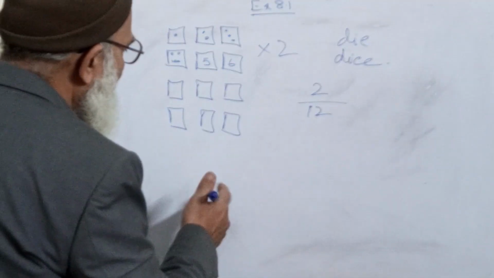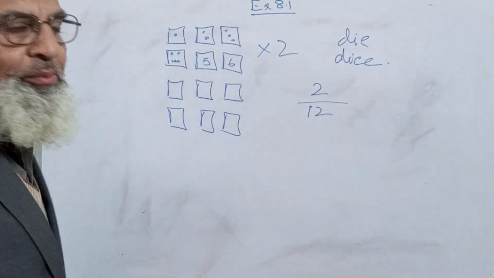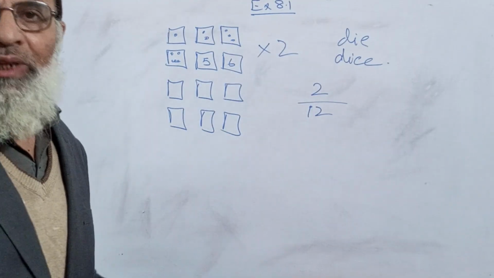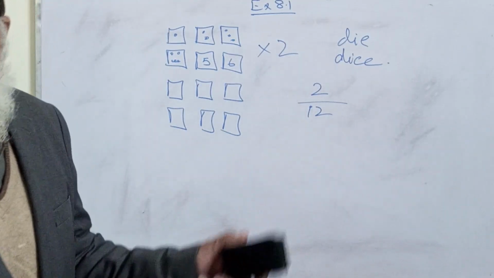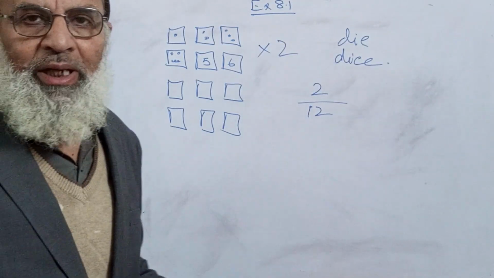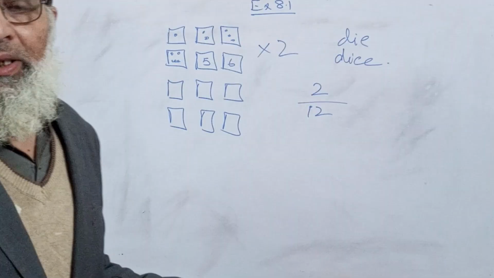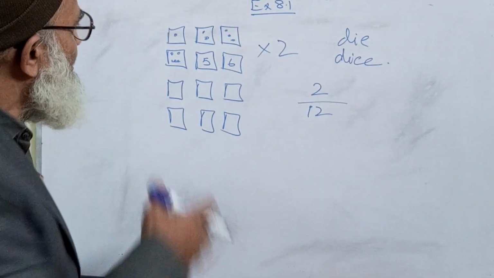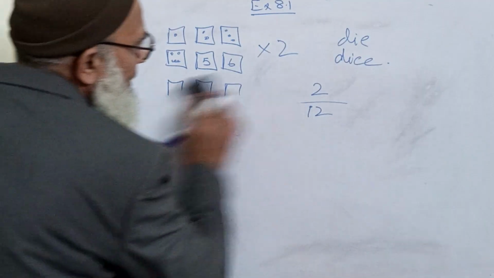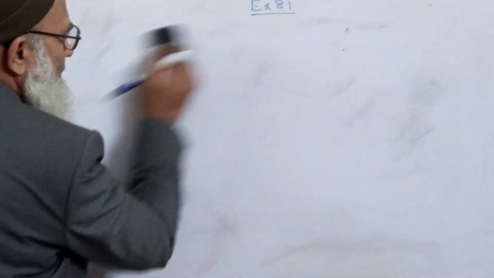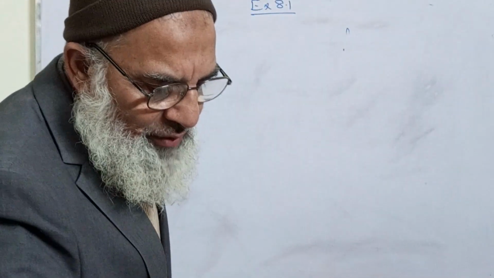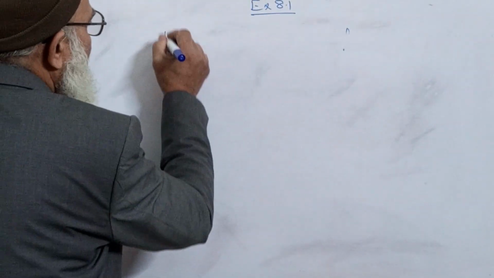What is the probability that it will be 1 on both? That it is 2 on both? That there is 1 and 2? There are different probabilities and different outcomes for everything. How will we manage these things? This topic is called a possibility diagram.